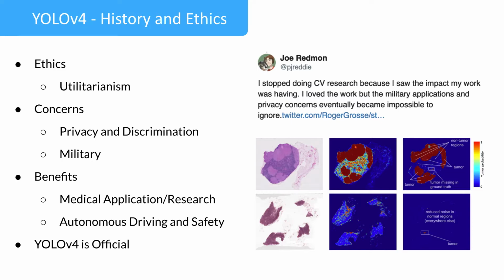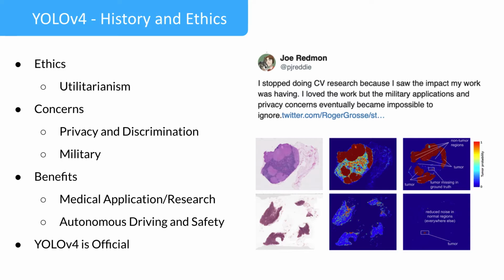There are also concerns of discrimination due to non-representative training data. Oftentimes, the way you get the data might not necessarily be representative of the whole population. And this just means that it's not necessarily your model that's biased; it's the training data itself. So those are just some disadvantages or concerns about using computer vision.